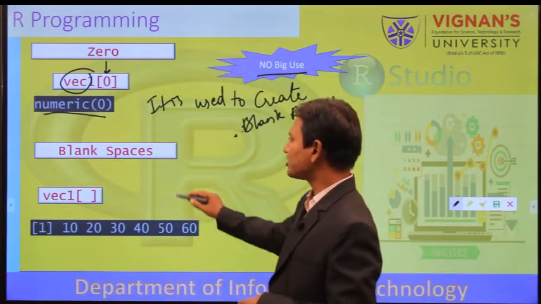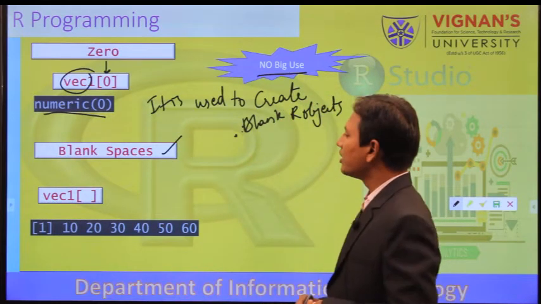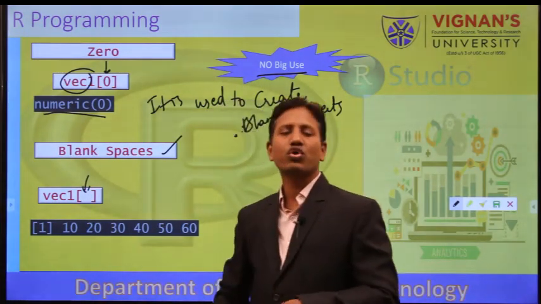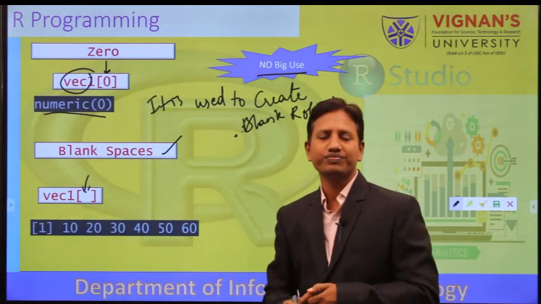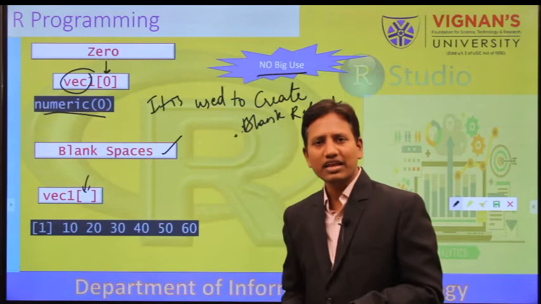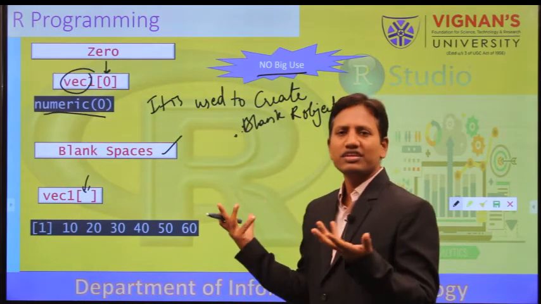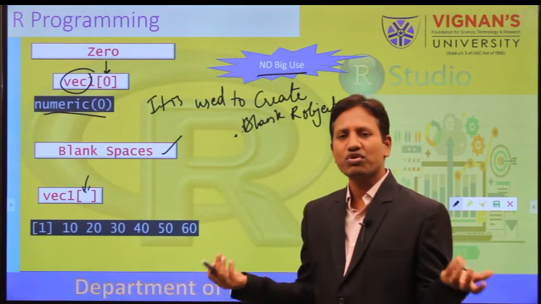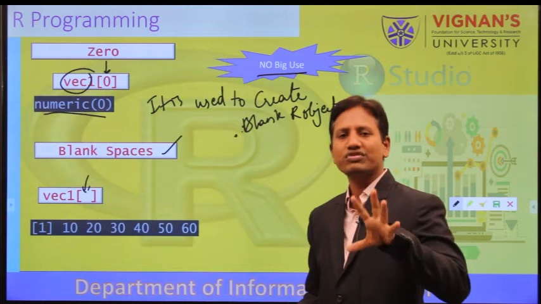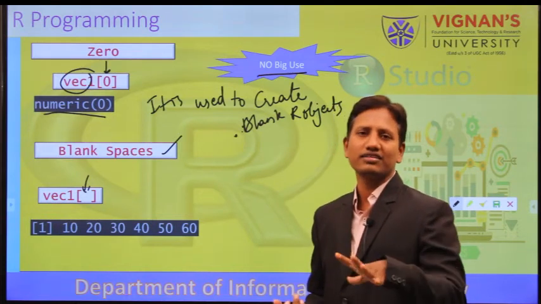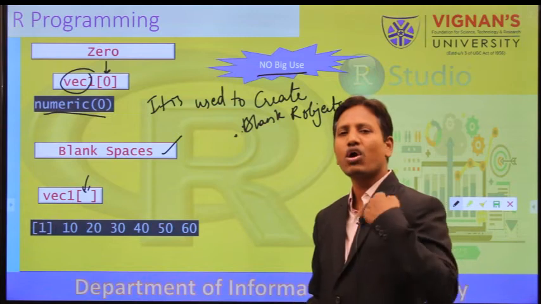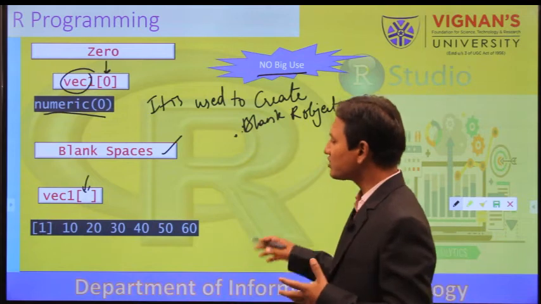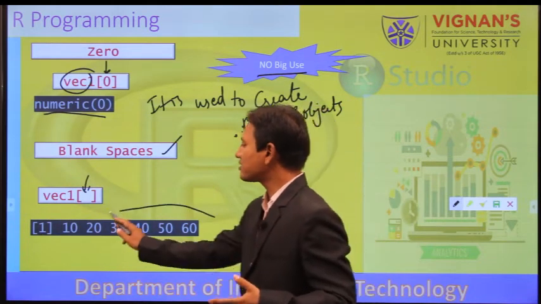So it's not a big use. Come to this blank spaces. Blank space is empty space. You are not mentioning any index value. It means that there is nothing to select or deselect. There is nothing to select or deselect means we have to select the entire thing. R understands that I have to throw the entire R object. Our vector 1 contains 6 values, and the 6 values it has returned.